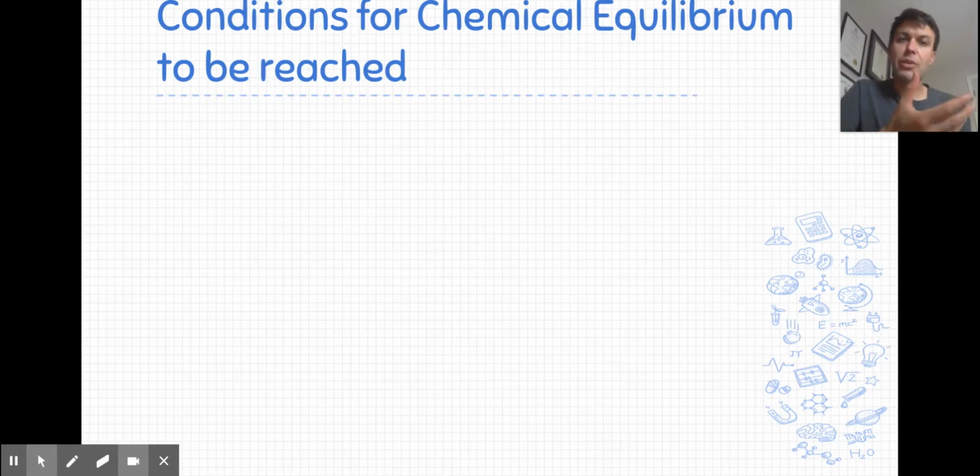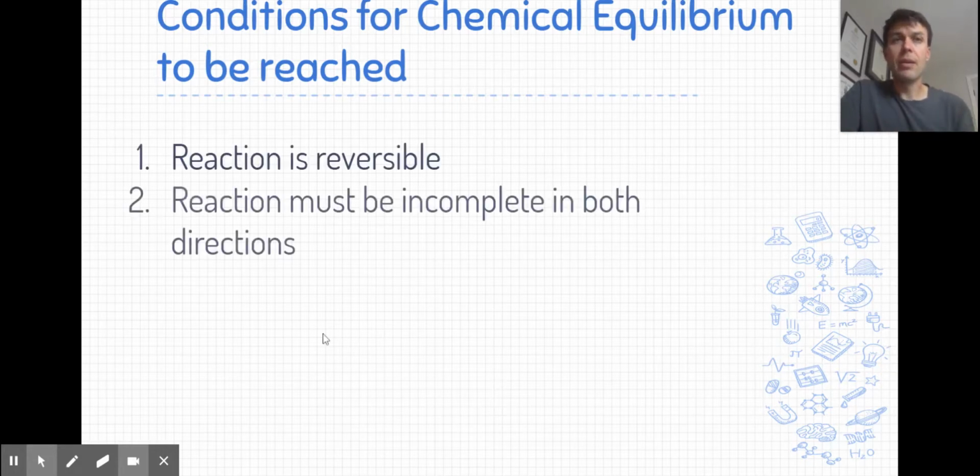Now, when you hear the word equilibrium, maybe some terms come to mind like balance, homeostasis, and those are good analogies for chemical equilibrium. First, two conditions are that the reaction must be reversible. So the reactants must be able to be converted to products, but those products must also be able to convert back to the reactants.